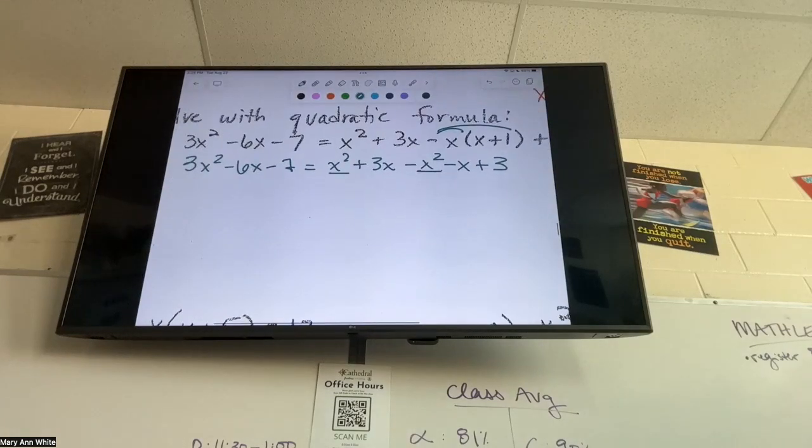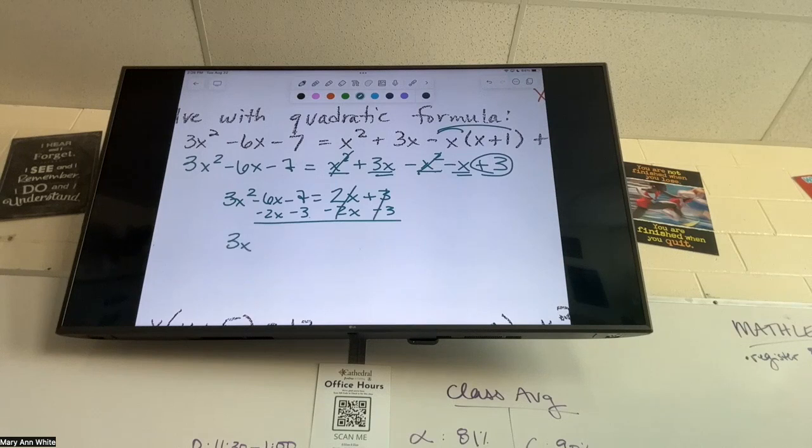So x squared and x squared will actually cancel out to be 0x squared. 3x minus x will be 2x, and then I have a 3 by itself. Now I'm going to move everything to the other side, and I get 3x squared minus 8x minus 10 equals 0.